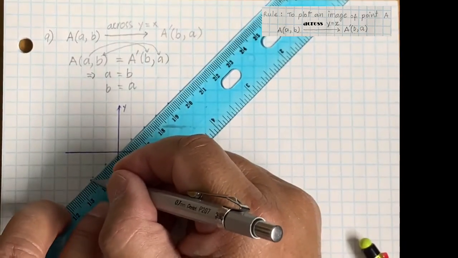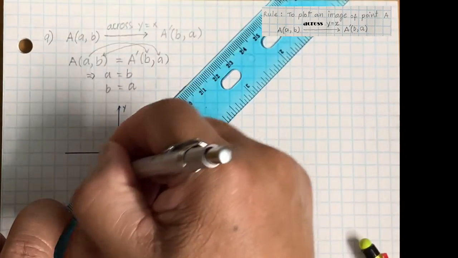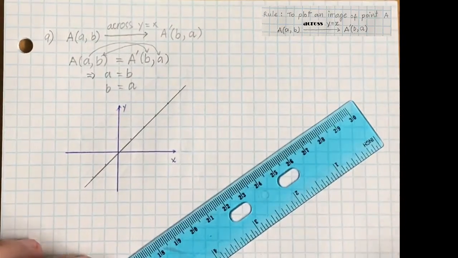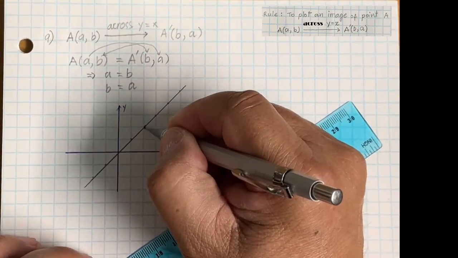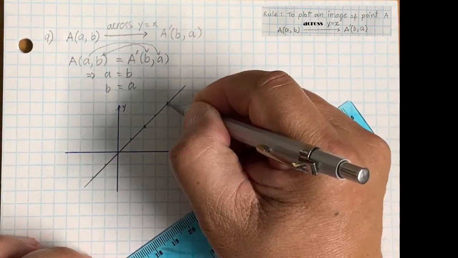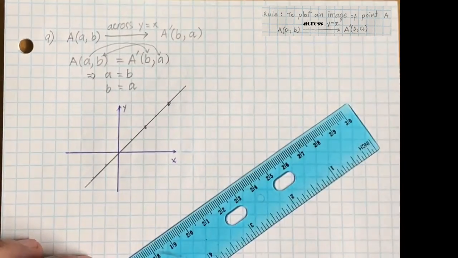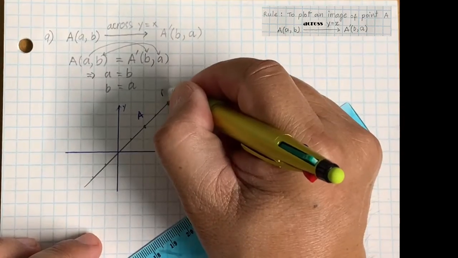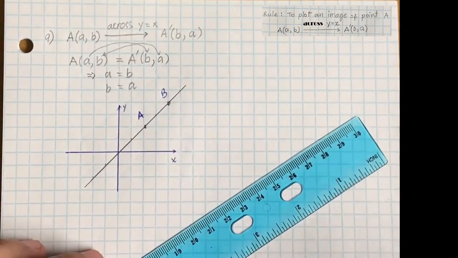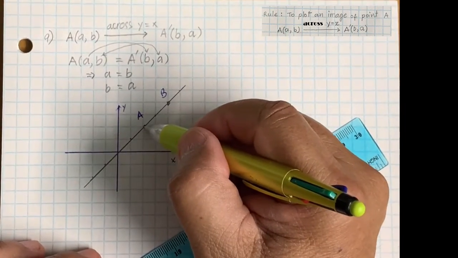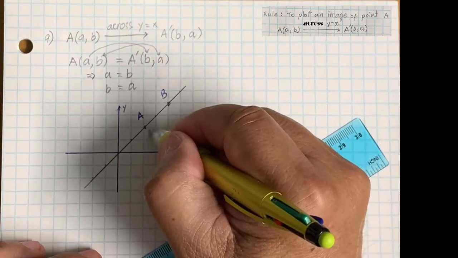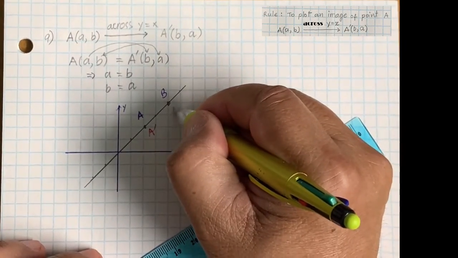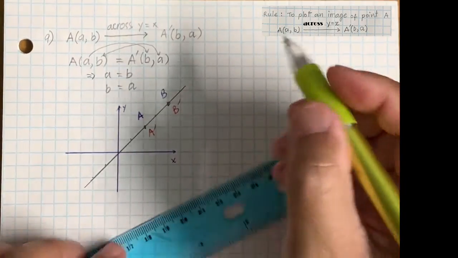You can pick any segment, it doesn't matter, as long as it's on y equal x. Let's say I put segment AB, and when I reflect A across this, it's going to be on it.